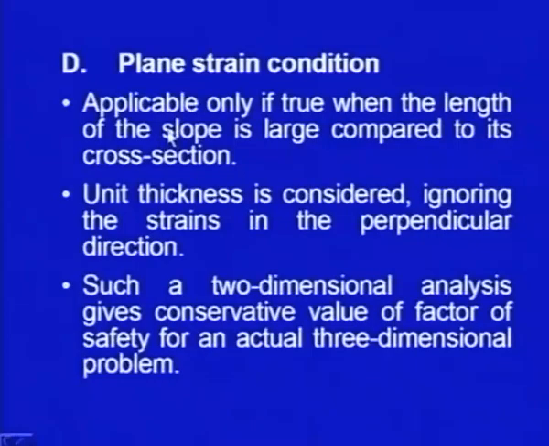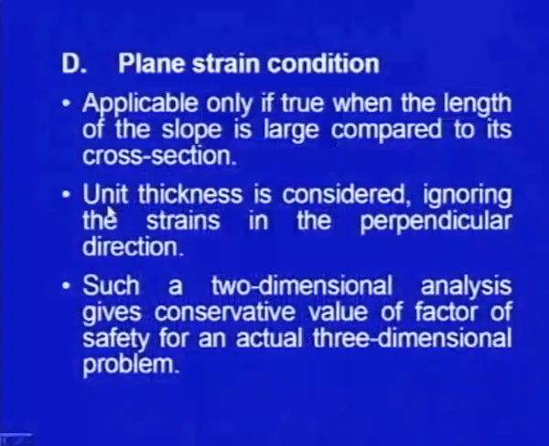The length means the dimension of the slope perpendicular to the plane of paper. So, if that dimension is very large, then you can assume that plane strain condition will be applicable. Otherwise, you have to do 3-dimensional analysis. So, that is first thing you have to keep in mind, that all these analysis we are doing in 2 dimension.